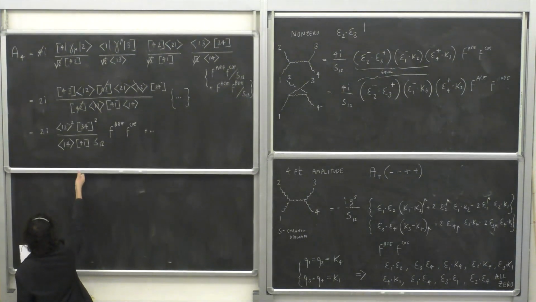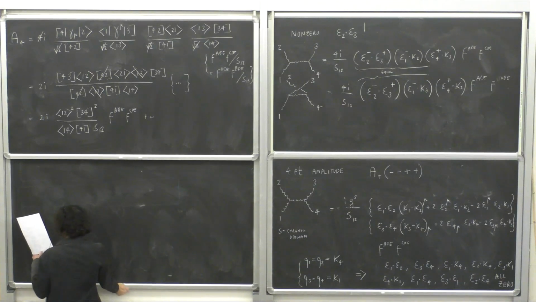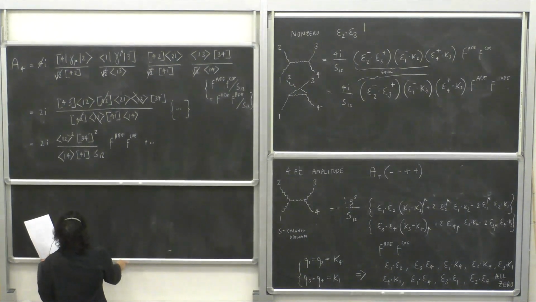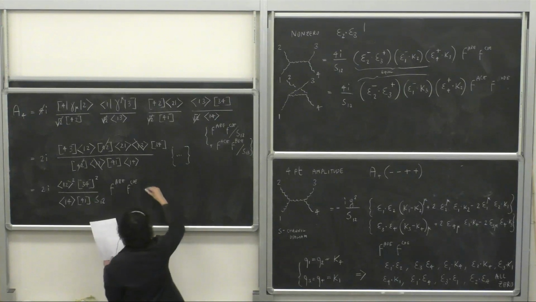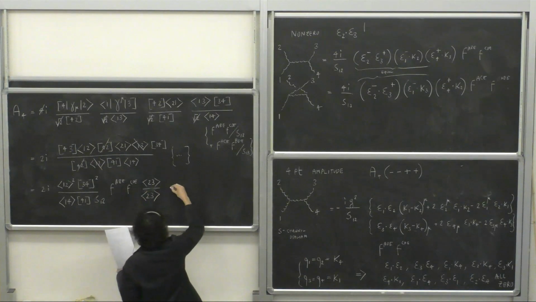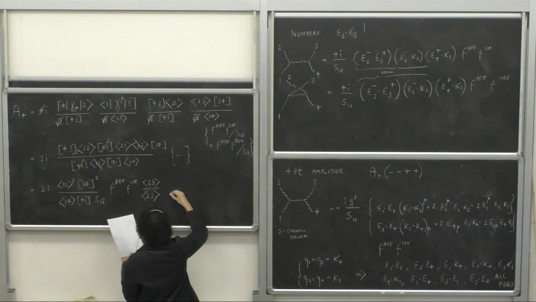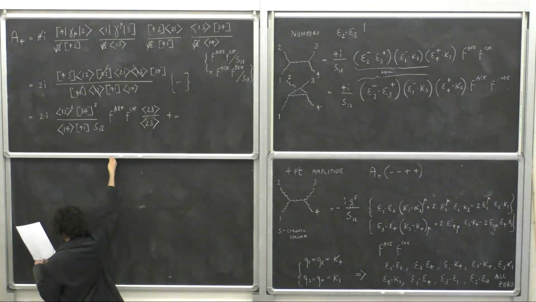So this is already a simple expression, but I would like to derive one in a slightly different way. And in order to do so, I multiply this, as I did with a similar trick before, by the angle bracket ⟨2 3⟩, and divide by the same quantity. All right.